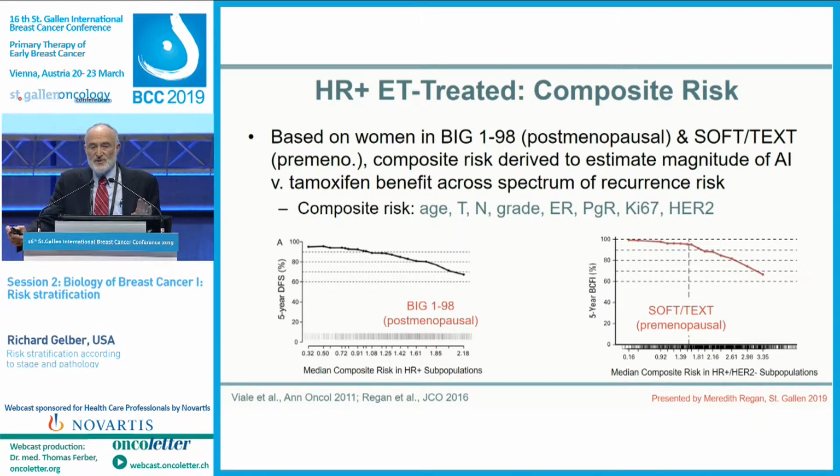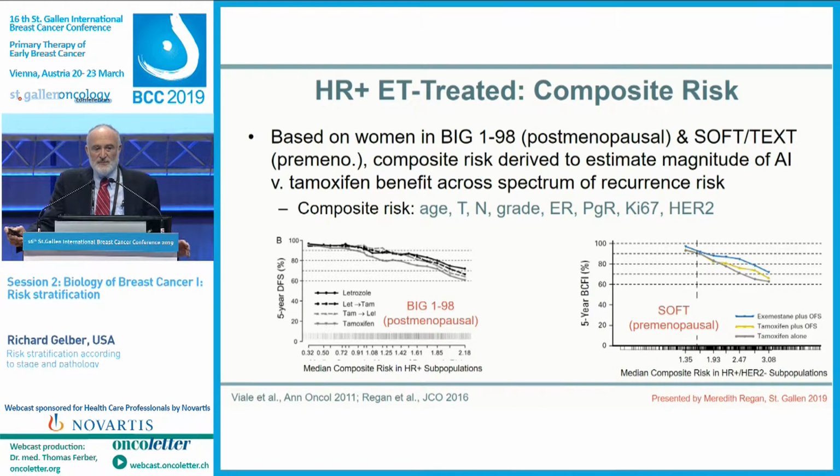So this is the risk score in the entire study populations, and if we overlay treatments in these randomized trials, you see for BIG 1-98, the tamoxifen alone arm is the lowest, with the letrozole containing arms higher, and the letrozole alone arm takes precedence for the highest risk cohorts based on the composite risk score.